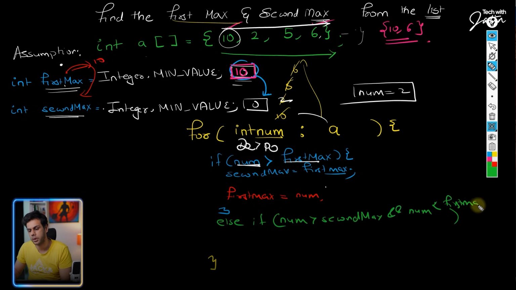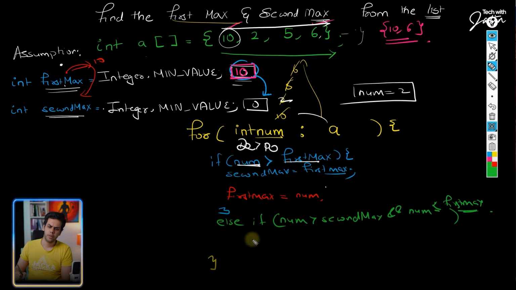That's what you need to focus on. Are you getting the point? So either the number should be greater than second max, and the number should be less than, or you can probably say equal to, first max.